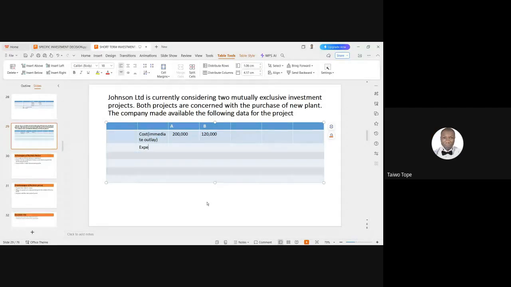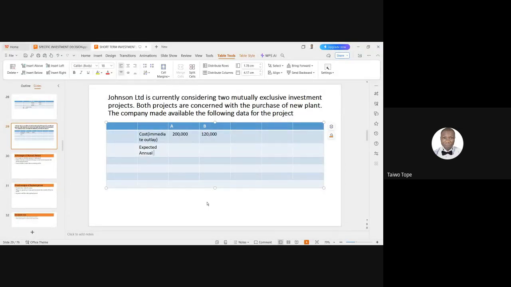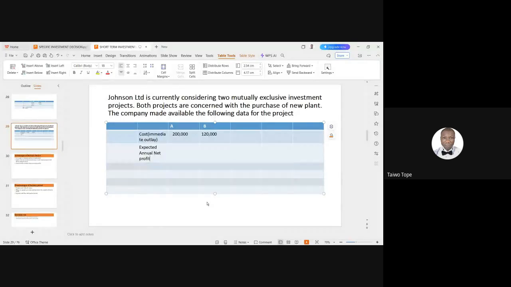So we have A, we have B. We have costs, that is immediate outlay, of 200 and 120. Expected annual net profits or loss: year one, 58,000 and 36,000. Year two, loss of 2,000 and loss of 4,000.